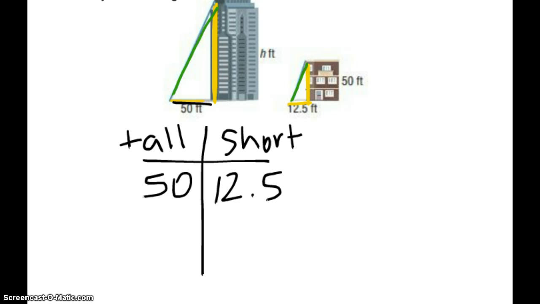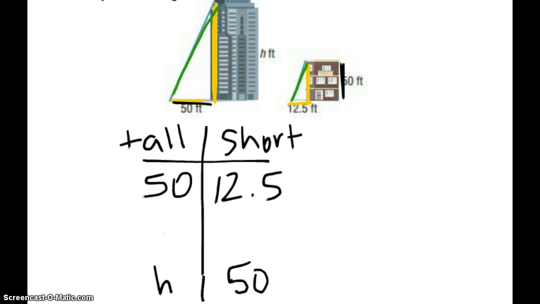Those are corresponding. The tall building's height is what we're looking for, so we're going to call that H. I'm going to move that H down here, and then that corresponds with 50 feet high on the short building.